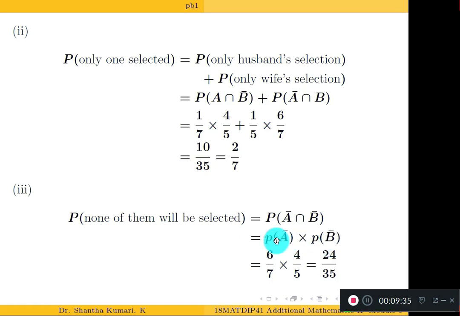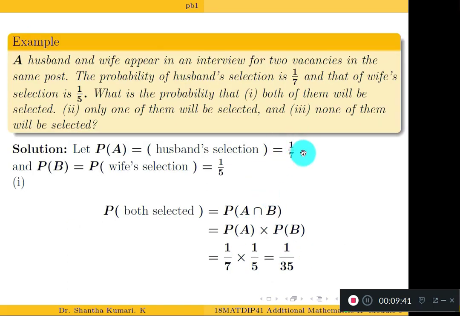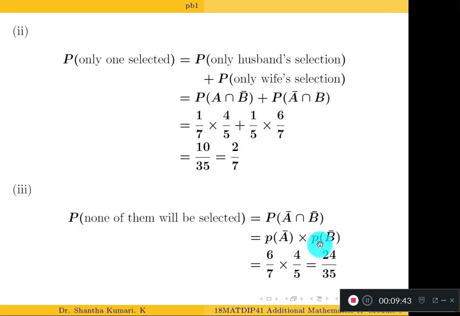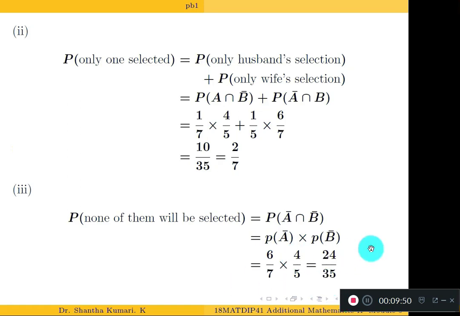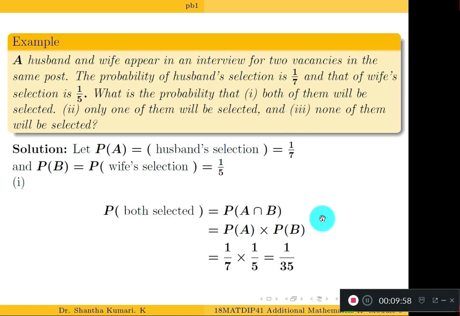P of A complement is 1 minus 1 by 7, which is 6 by 7, into P of B complement, which is 1 minus 1 by 5, which is 4 by 5. Multiply. The answer is 24 by 35. Very simple question. Your only work is to write the notations correctly, then apply the condition of independent events.